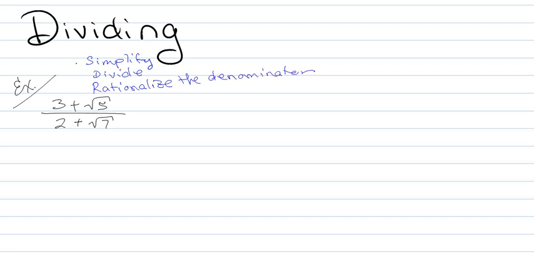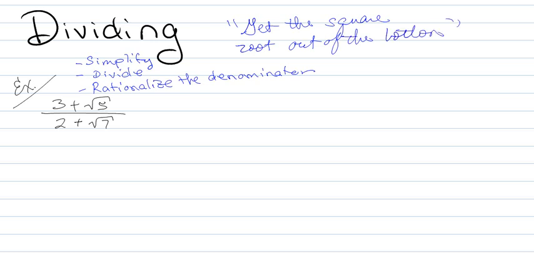What each of these meant was essentially get the square root out of the bottom, by whatever means necessary. At the end of the day, we better not have any more square roots in the bottom of this equation.